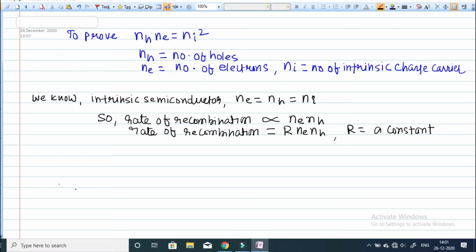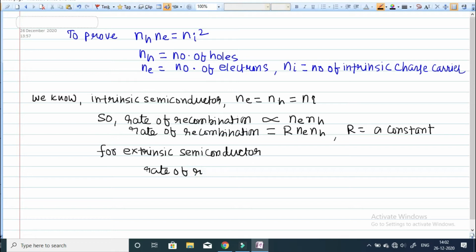Now for the extrinsic semiconductor, we can write down the rate of recombination. For extrinsic semiconductor, we can write down this result. The rate of recombination will be directly proportional to the number of electrons and number of holes, because electrons and holes are basically the charge carriers.